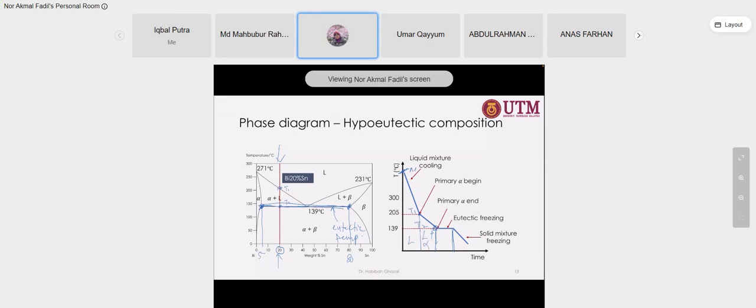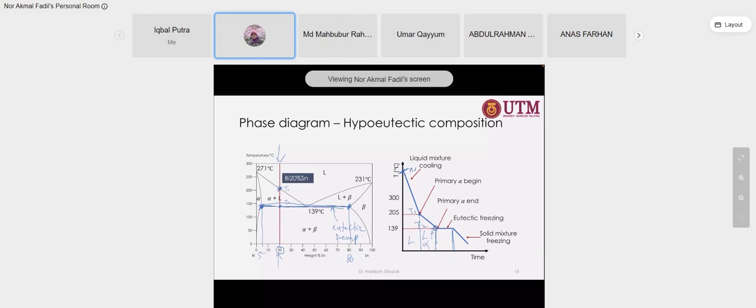Okay, between temperature 1 and temperature 2, liquid plus alpha. And then, until this point, okay, there is still remaining liquid. Okay, remaining liquid will transform into alpha. Okay, just now we have alpha already. So in this region, there are alpha plus liquid.